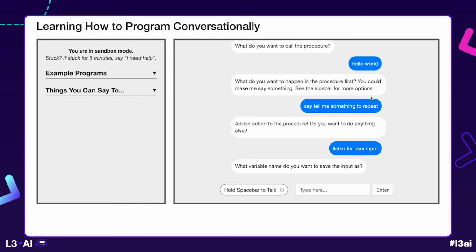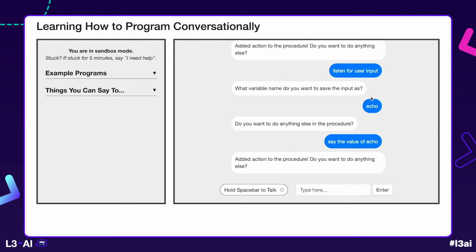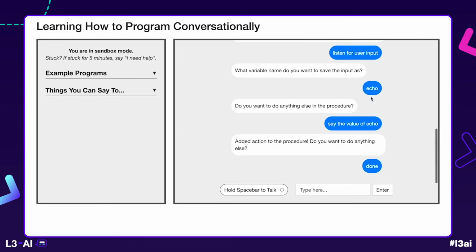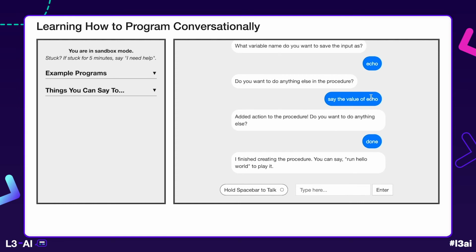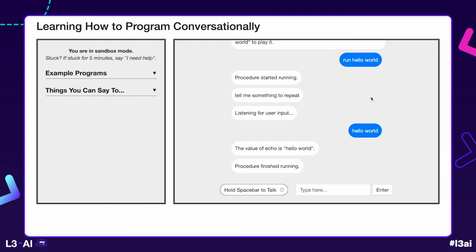Echo. Do you want to do anything else in the procedure? Say the value of echo. Added action to the procedure. Do you want to do anything else? Done. I finished creating the procedure. You can say, run hello world to play it. Run hello world. Tell me something to repeat. Hello world. The value of echo is hello world.